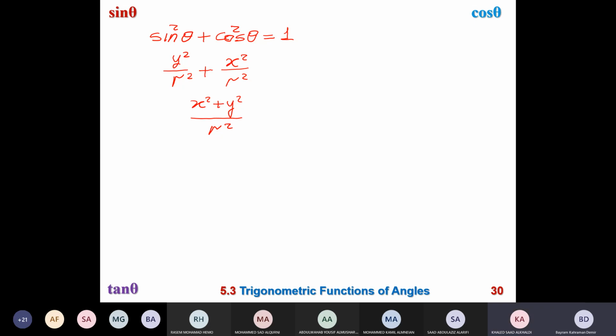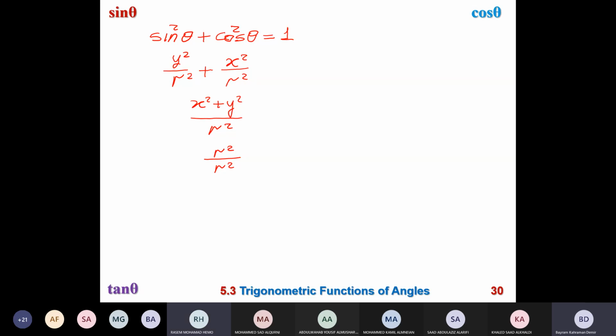What is x square plus y square? It is r square, because it's a circle. So it is r square divided by r square.